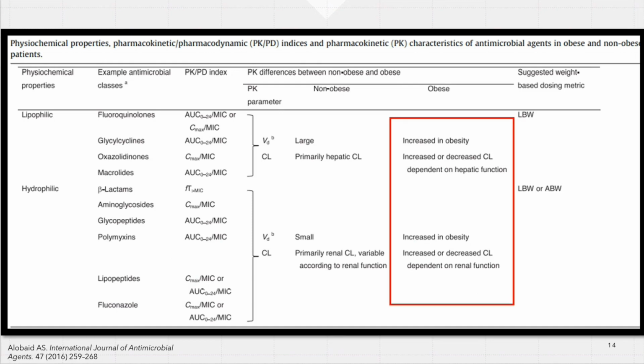And so ultimately, what we see is that it kind of doesn't matter whether the antibiotic is lipophilic or hydrophilic. In obese patients, that volume of distribution is likely going to increase. And then that clearance, being more bidirectional, can either increase or decrease as well. And then I liked the suggested weight for dosing too, whether you should consider the lean body weight versus maybe an adjusted body weight.